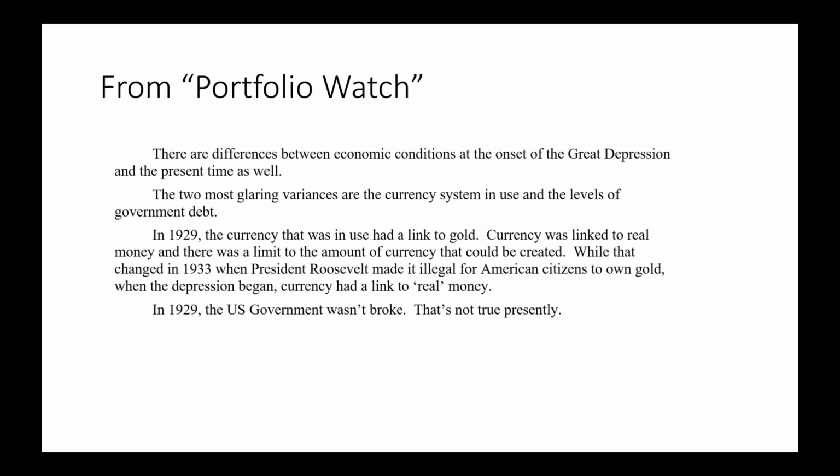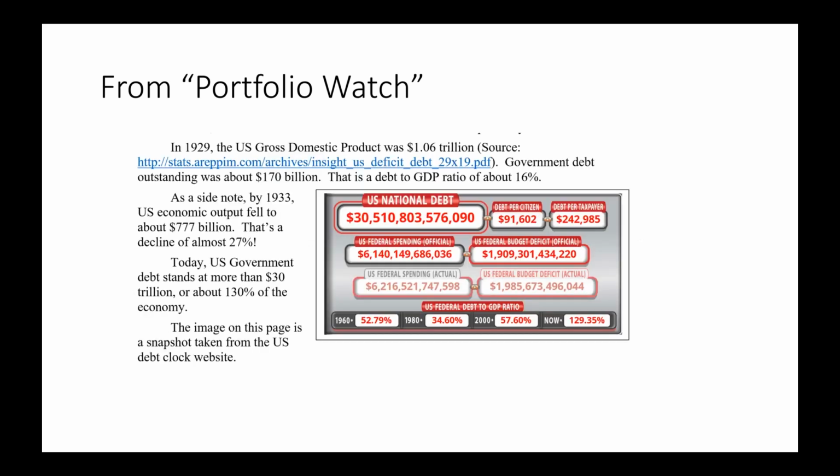Currency was linked to real money, and there was a limit to the amount of currency that could actually be created. Now that changed in 1933 when then President Franklin Roosevelt made it illegal for American citizens to own gold. But when the Depression began, the currency had a link to real money. Now, also in 1929, the US government wasn't broke, and that's certainly not true presently.